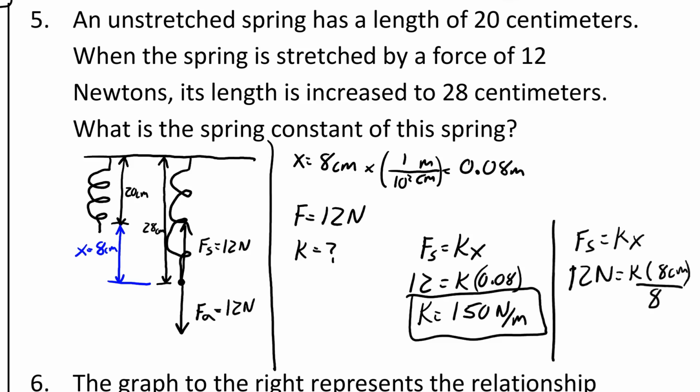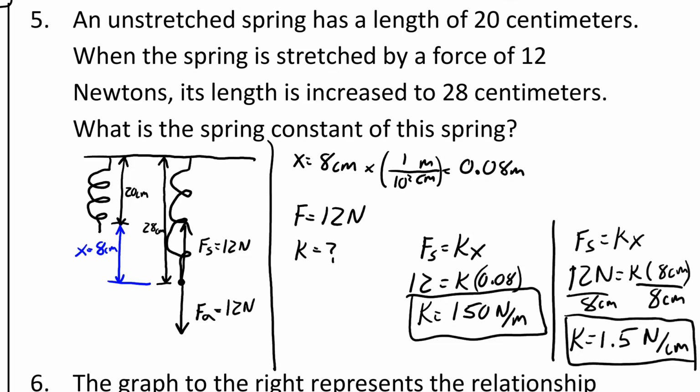You divide both sides by 8, and you would get 1.5. And then what do you think the units for this should be in order to get a correct answer? Technically, it should be a newton per centimeter. And if you write it like this, they can't mark you wrong because you're doing some good unit analysis.